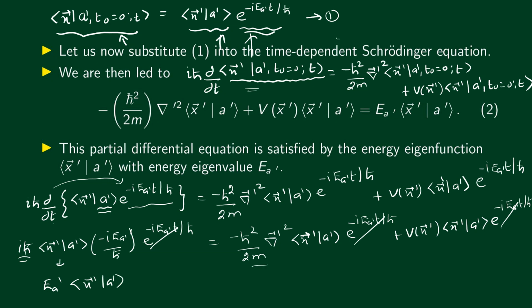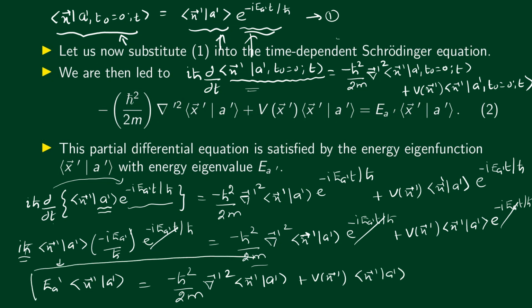All right. Minus h bar squared. So let me write it again. This is equal to minus h bar squared by 2m del vector prime squared bra x vector prime ket a prime plus V of x vector prime, and we have got bra x vector prime ket a prime, right? So we have got this equation. That's the equation written here, all right?